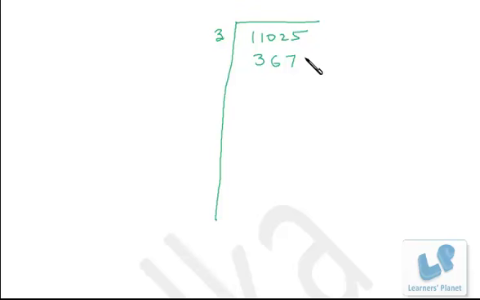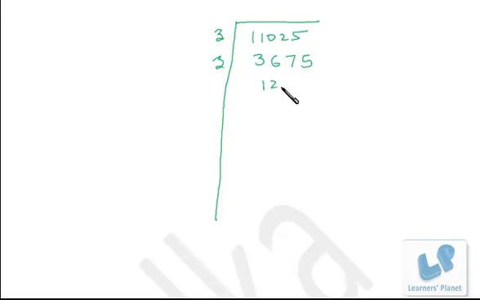Suppose we have to find the square root of 11025. Now what is the first step? You have to factorize it, right? You'll be able to recall that we have already discussed this method. It is divisible by 3. So 3 3s are 9, 3 6s are 18, 2. Further it is divisible by 3.